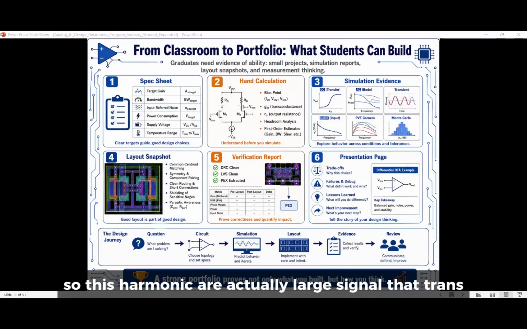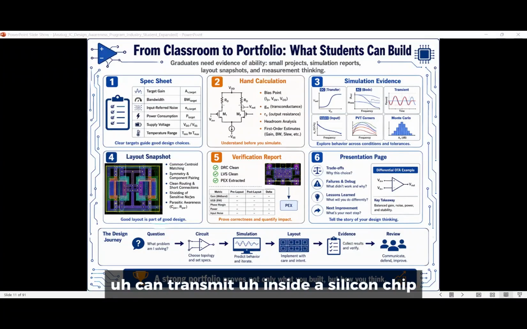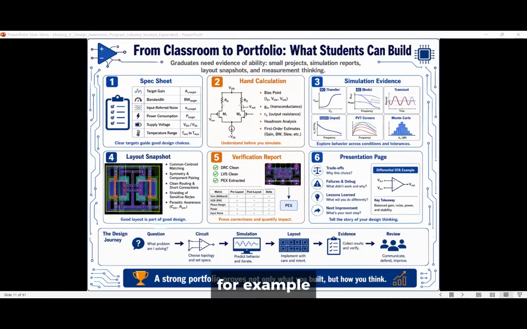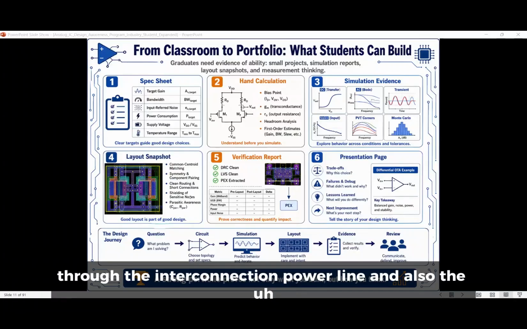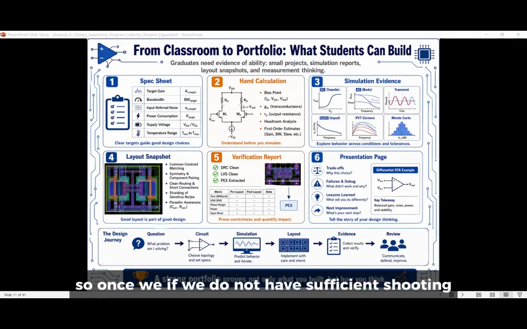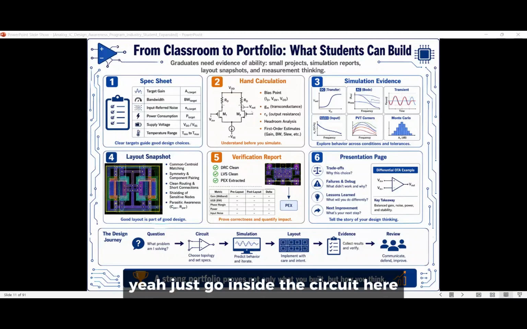So these harmonics are actually large signals that can transmit inside the silicon chip, for example, through the interconnection, power line, and also the substrate, right? So if we do not have sufficient shielding, these harmonics will just go inside your circuit here.